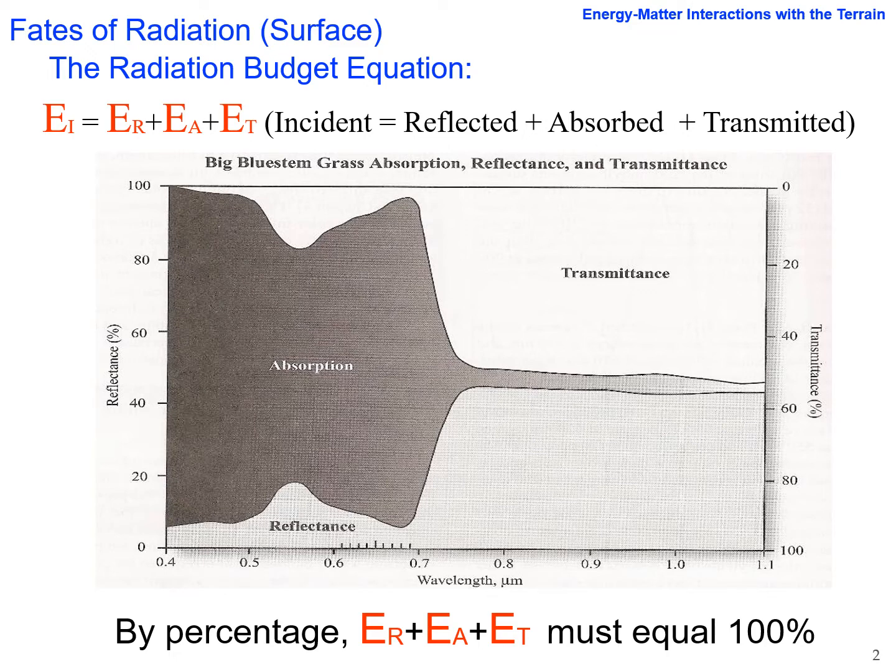And those two axes are inverted because transmittance starts at 0, no transmittance through the atmosphere or through an object up to some value. So you can see the 3 components of incident radiation change as a function of wavelength. This is for big blue stem grass.